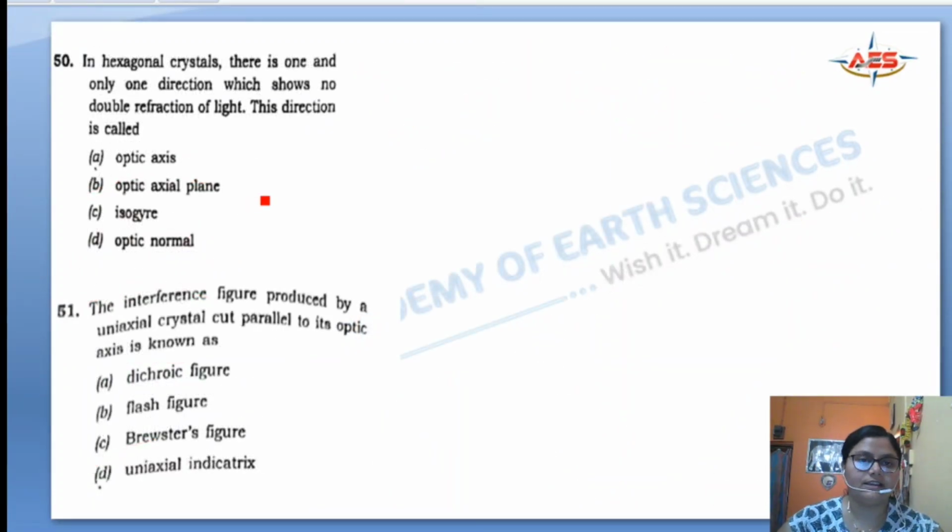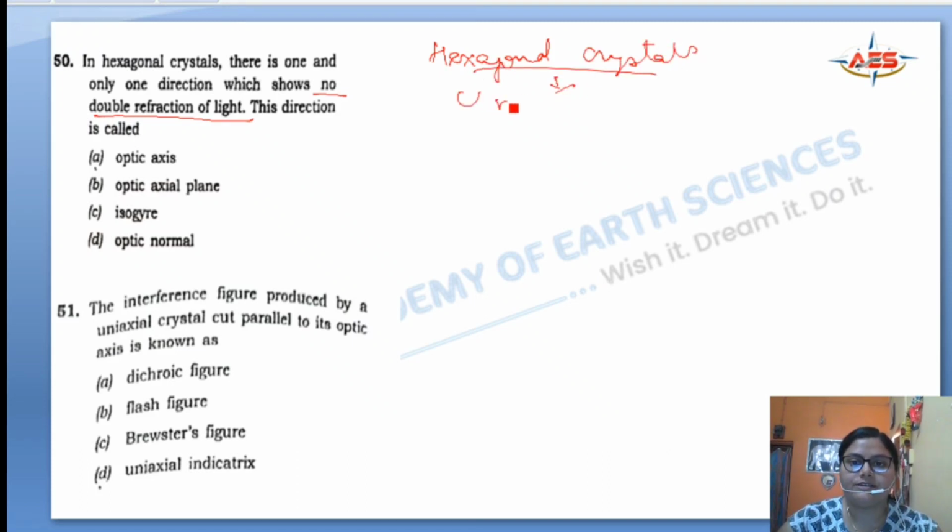It is given that in the case of hexagonal crystal, there is one and only one direction which shows no double refraction, and this direction is called optic axis, optic axial plane, isogyre, or optic normal. Now in the case of hexagonal crystals, they are uniaxial in nature.